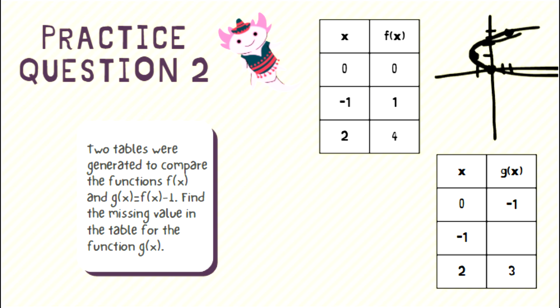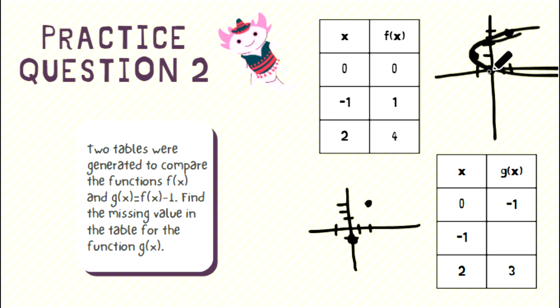And my next one, I'm going to draw it down here because I drew it kind of sloppy, is (0, -1). So our first point is here. And then we have -1 and something. And then we have (2, 3). Okay.